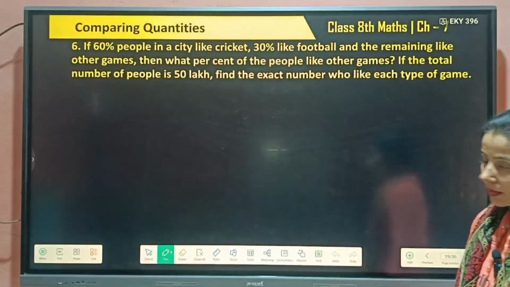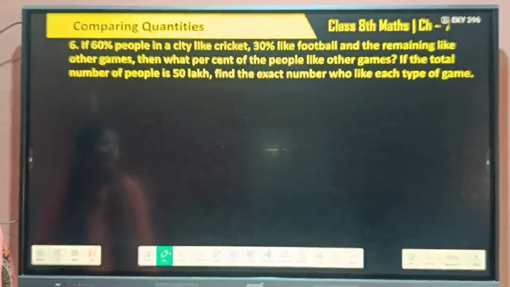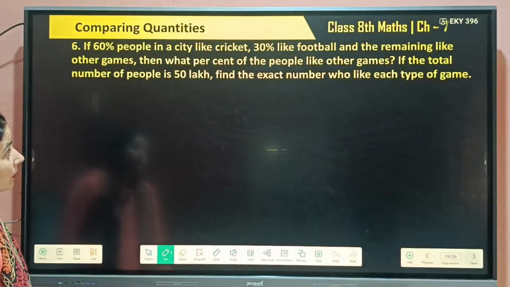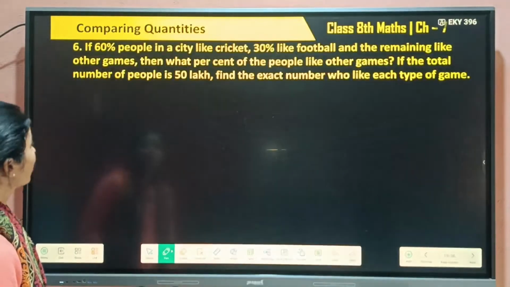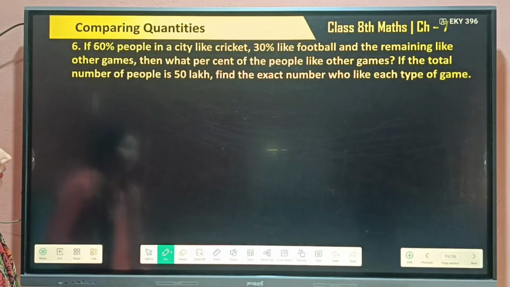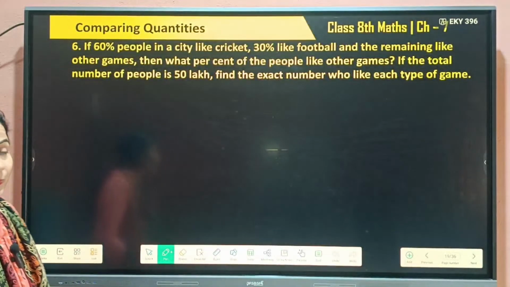What is the next question, the last question of this exercise? If 60% of people in a city like cricket, 30% like football, and the remaining like other games, then what percent of the people like other games if the total number of people is 50 lakh? Find the exact number who like each type of game.